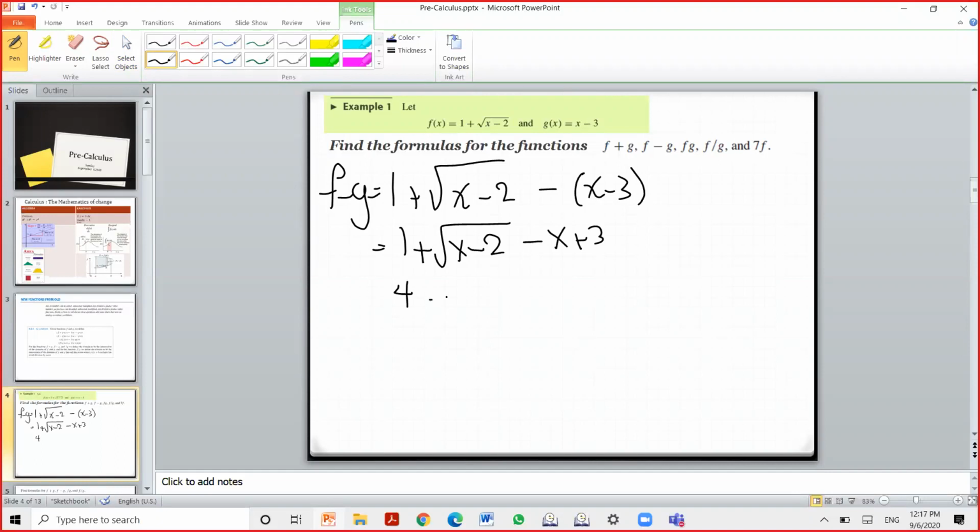So it is 4 minus x plus square root of x minus 2. That is if you subtract them, okay?